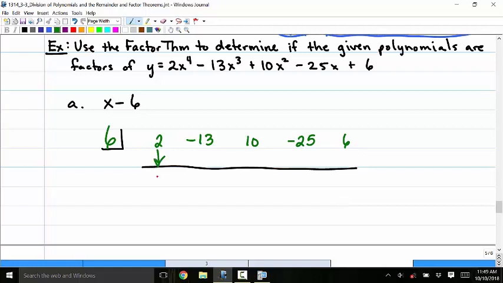Drop it. 2 times 6 is 12. Negative 1 times 6 is negative 6. 4 times 6 is 24. Negative 1 times 6 is negative 6.